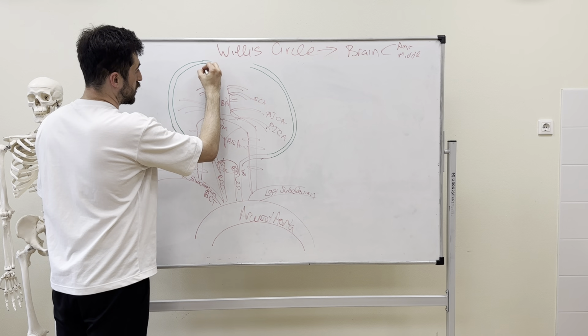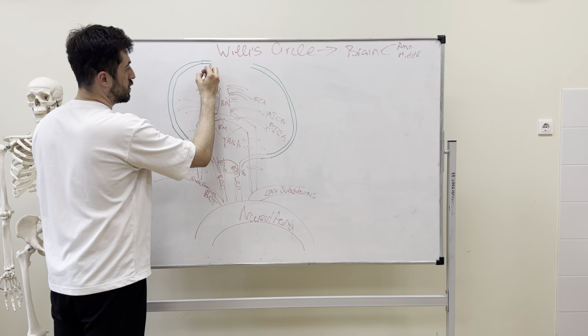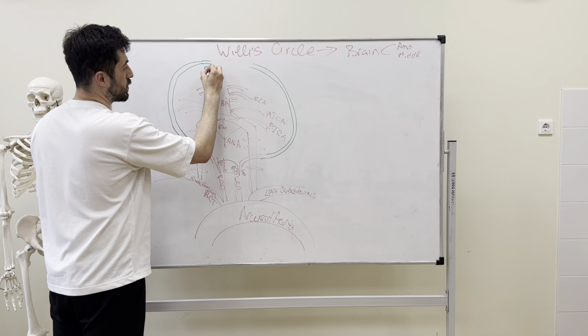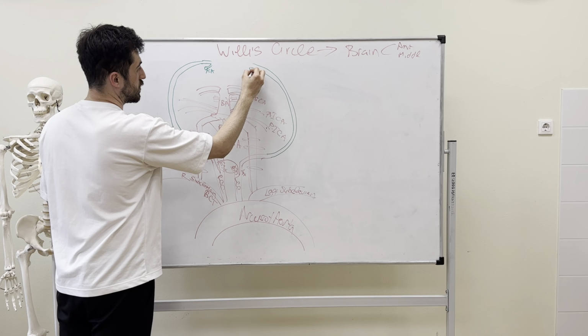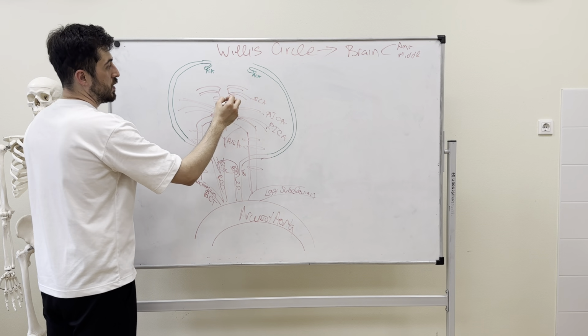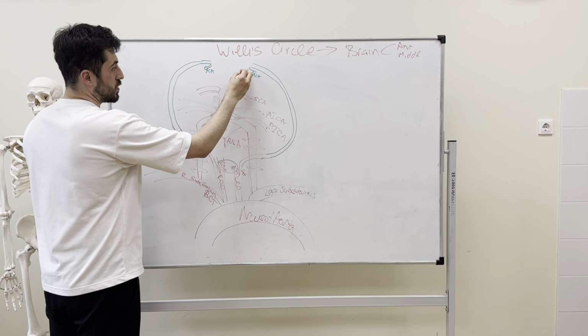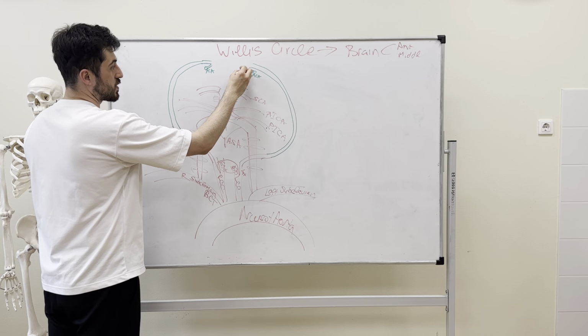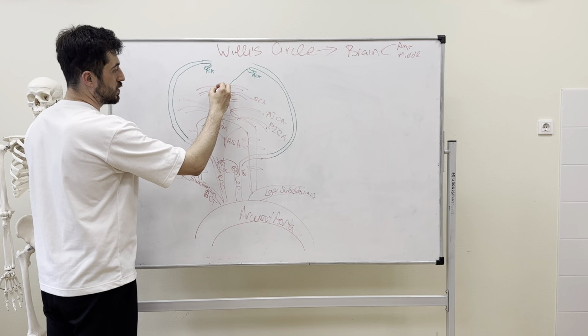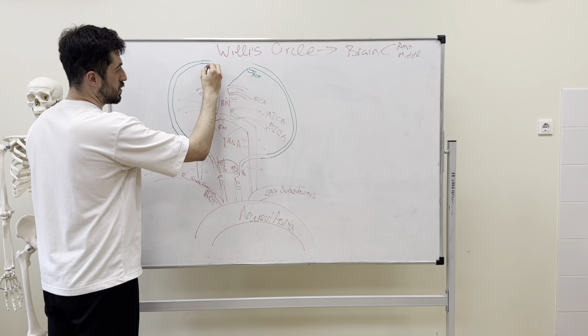They stop here and they fuse. It will give the first branch. Which one will it be? The middle cerebral artery. And between the posterior and middle cerebral artery there is a communication, right? What's the communication?